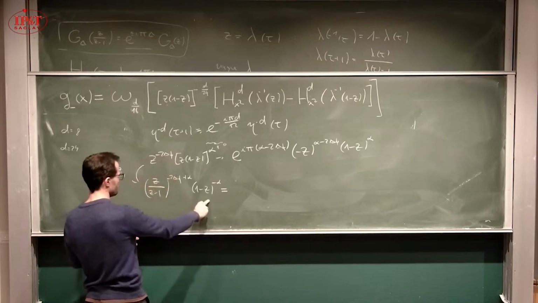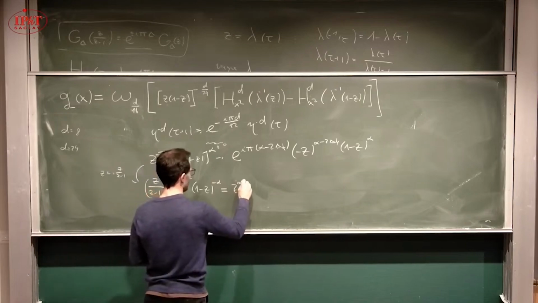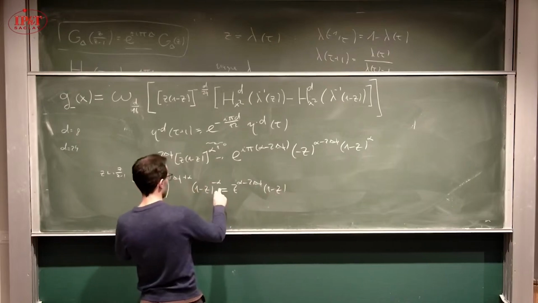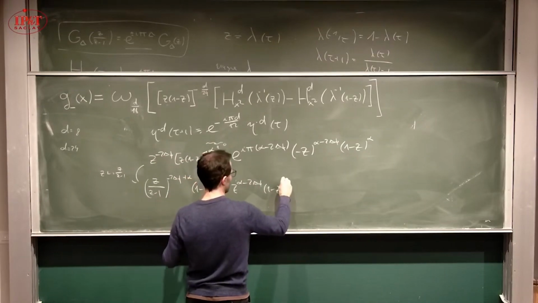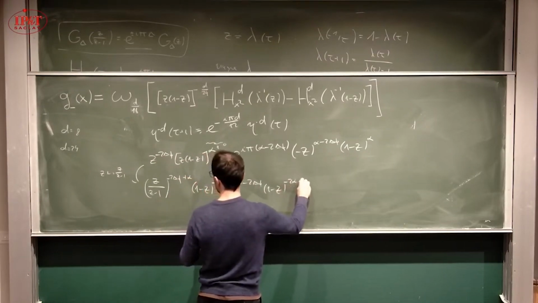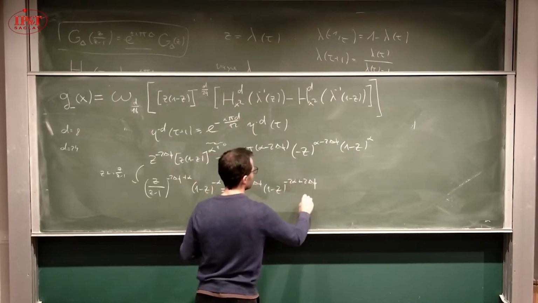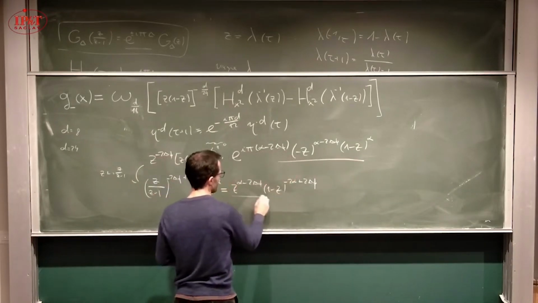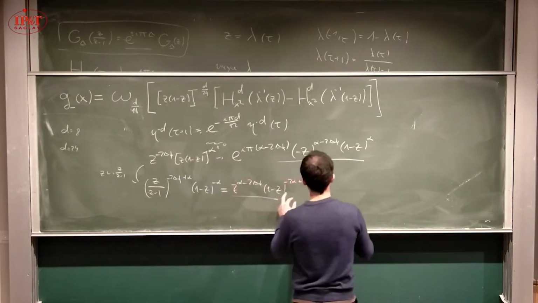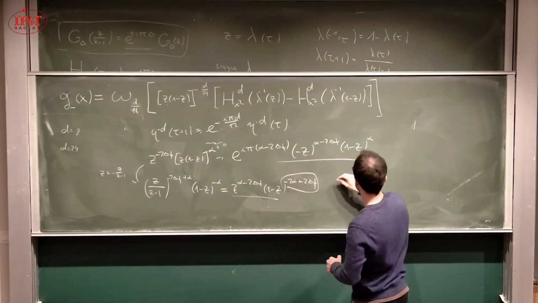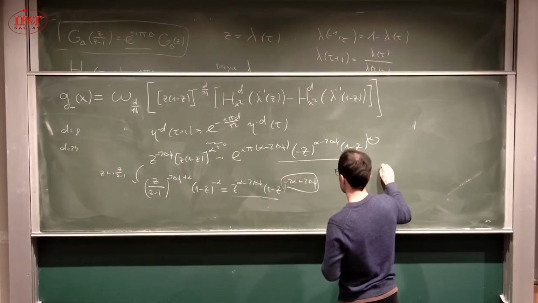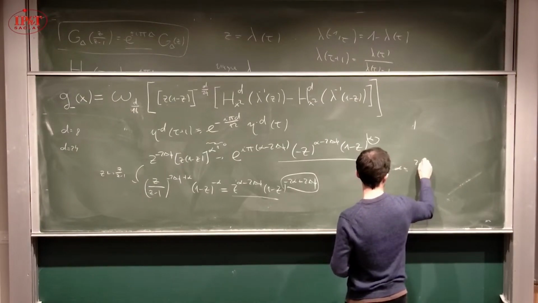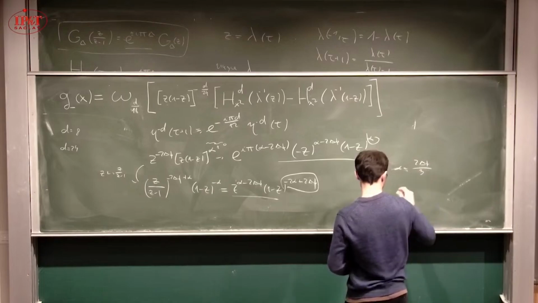So that's equal to minus z to the alpha minus 2 delta phi, 1 minus z to the minus 2 alpha plus 2 delta phi. Okay, now if I set this function equal to that, basically this power needs to be that power. So alpha is 2 delta phi over 3.